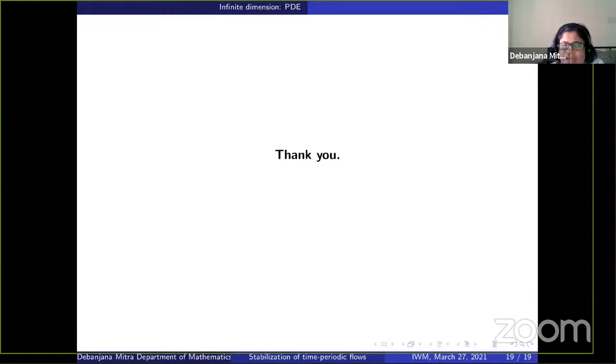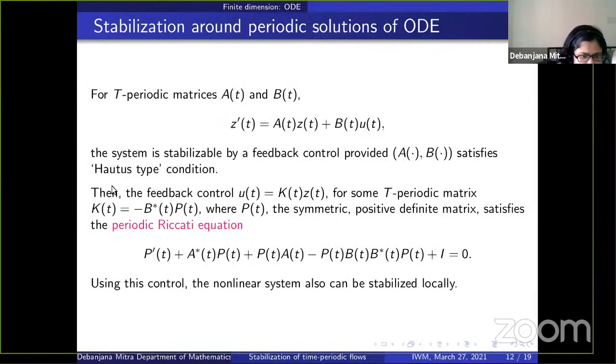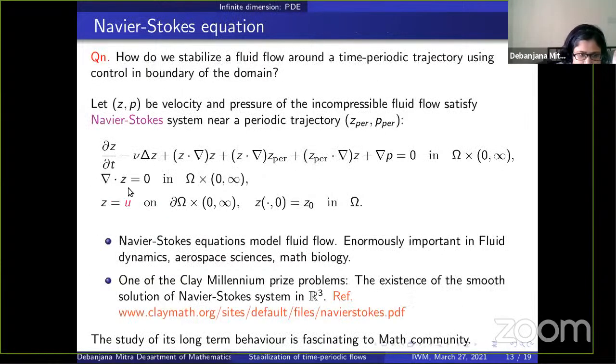So what's the difference? Here we had this incompressibility property, that is divergence z equal to 0. So that is the incompressible property. In the compressible Navier-Stokes, we don't have this property, but instead we have a momentum equation which involves the density.